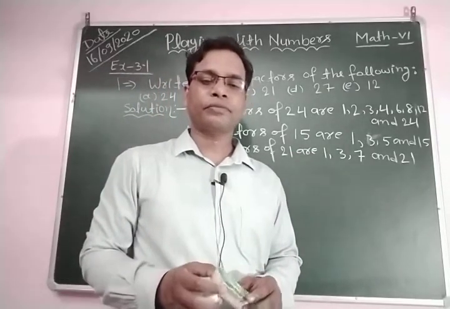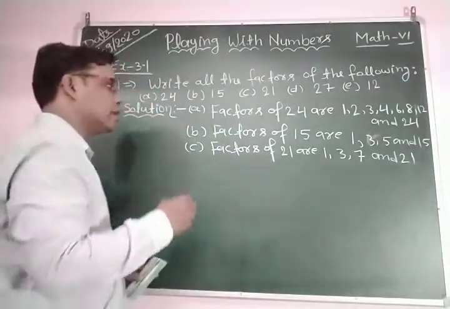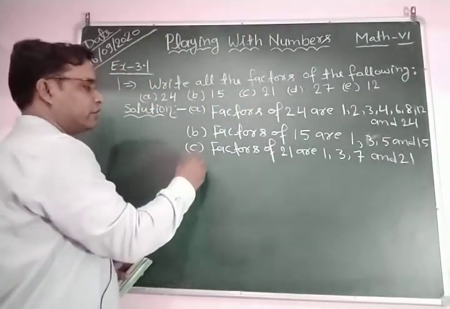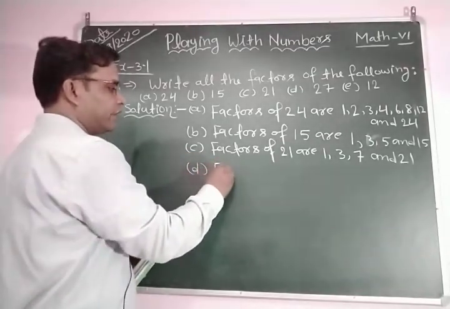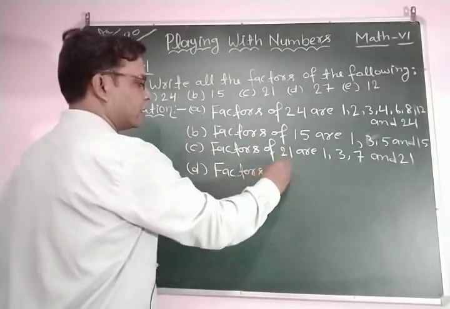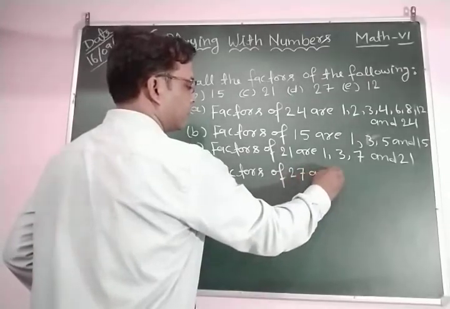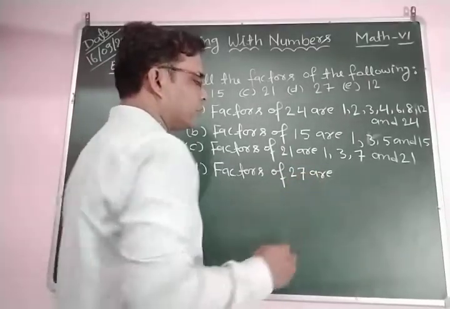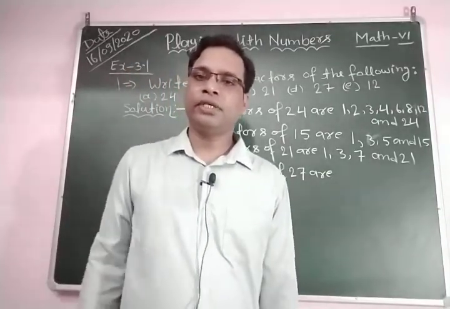Now the next part is 27. We need to write all factors of 27, the D part. So here we write, factors of 27 are: all those numbers that divide 27 are factors of 27.